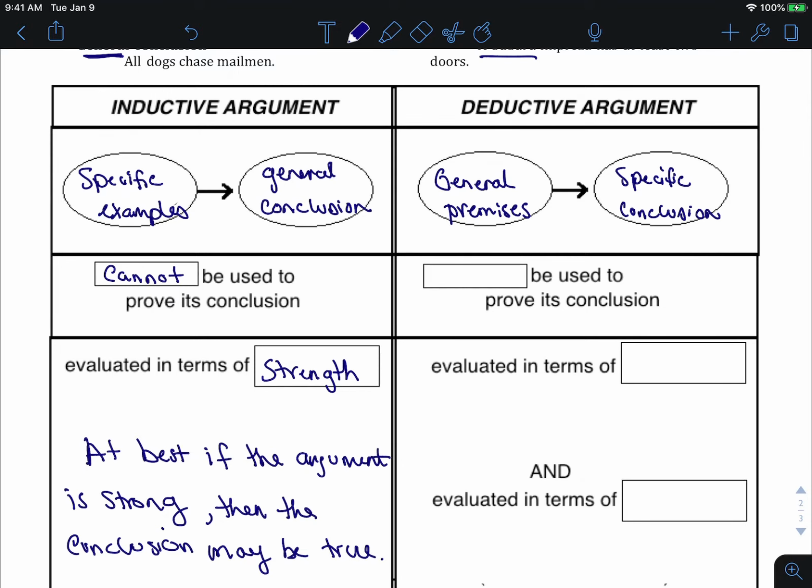Where with a deductive argument, it can be used to prove its conclusion. And the two ways you're going to prove it is in terms of validity and soundness.